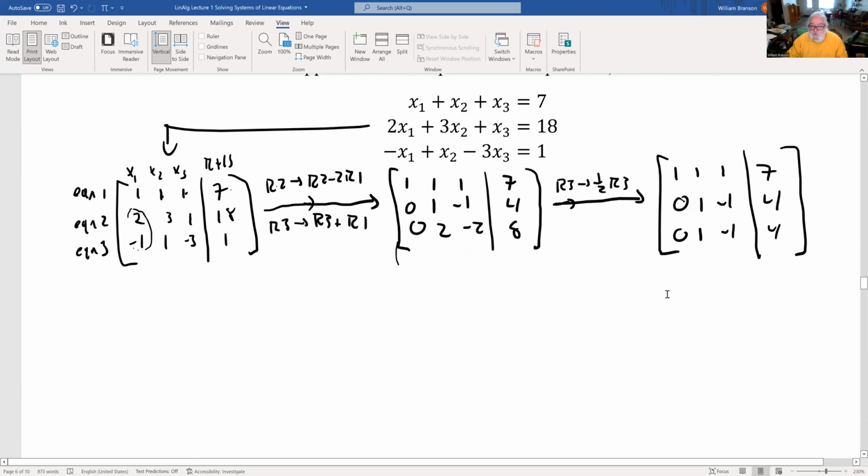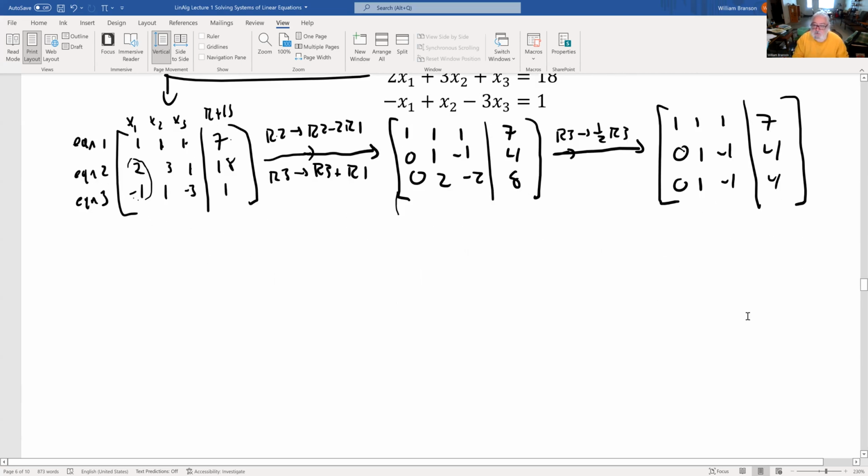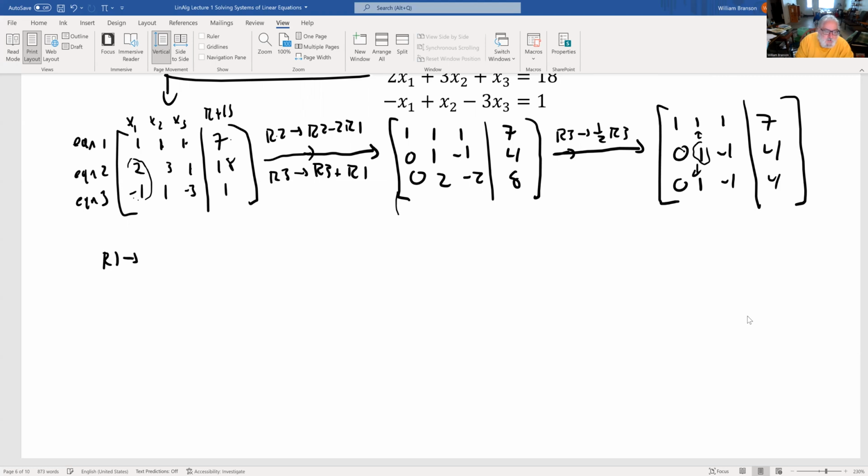So what I want to do is use the middle one, this one, to clean out that and that, right? And then that'll give me a nice leading one in that column. So what I'm going to do now is take row 1 and replace it with row 1 minus row 2.